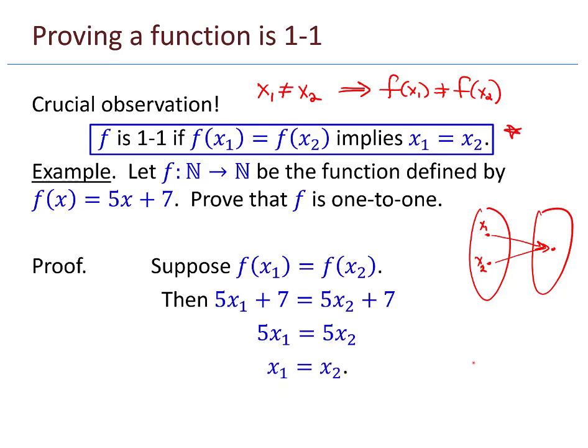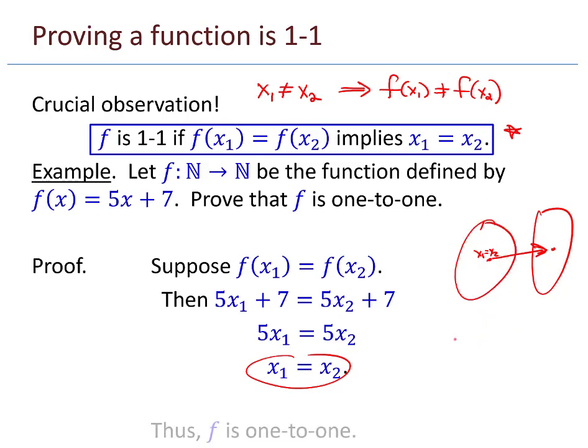Oh, x1 equals x2. So in my picture, I initially imagined x1 and x2 might be distinct, but what I discover is, in fact, they are the same. There's only one thing that maps to that element on the right, so x1 and x2 have to actually be the same thing. Thus, f is one-to-one.